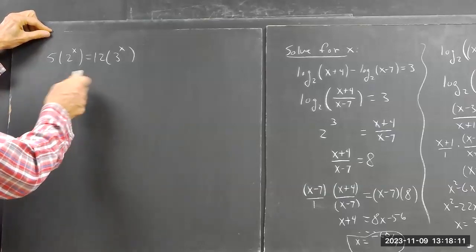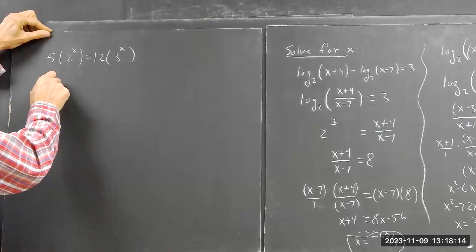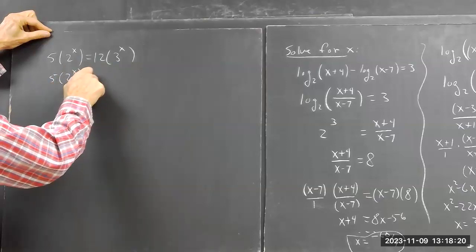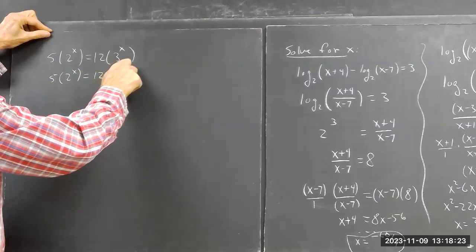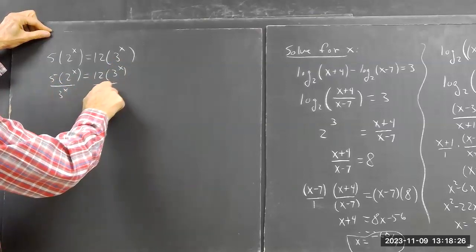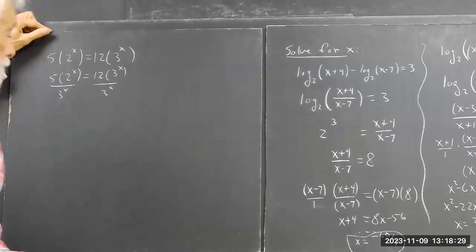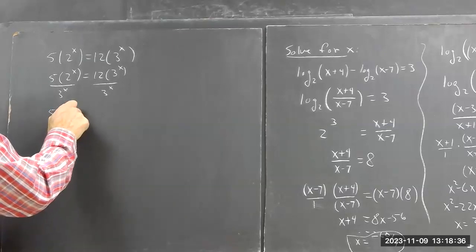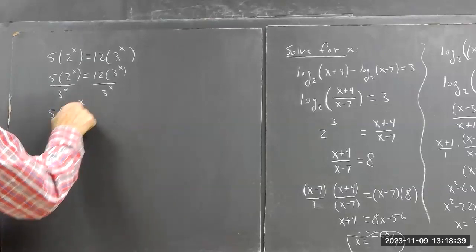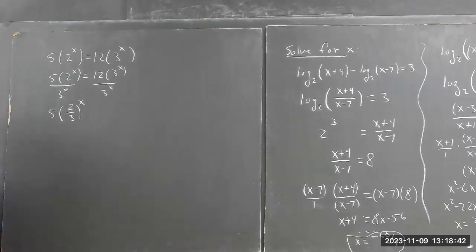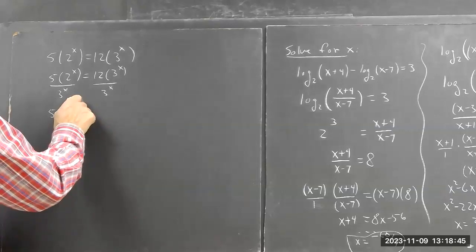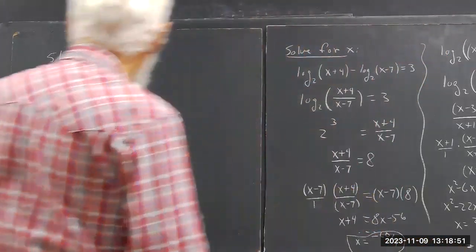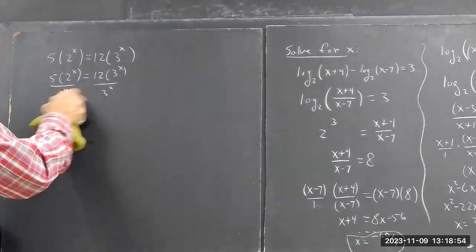Okay. Well, let's see. I can rewrite, well, divide both sides by 3 to the x. And I get 5 times 2/3 to the x.